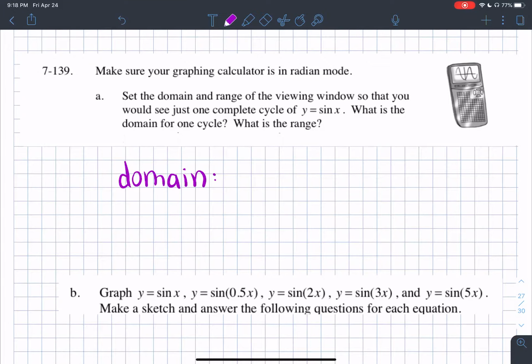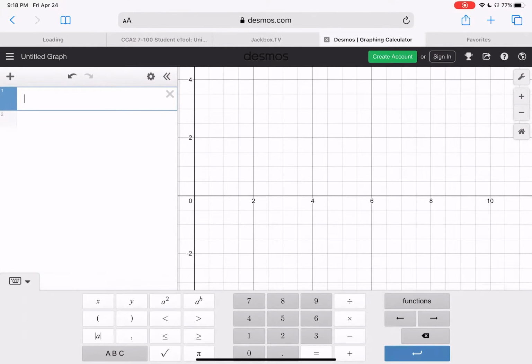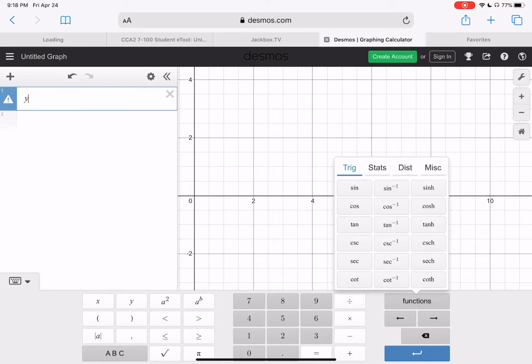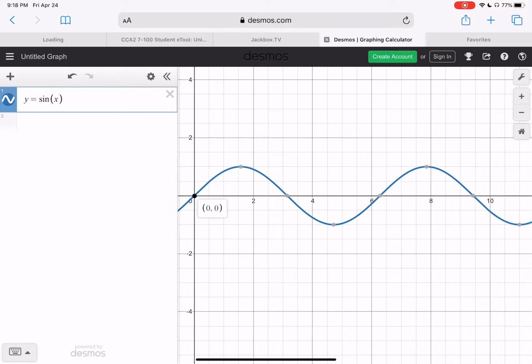Remember, when we're talking about domain, we're talking about the possible x values for one cycle. So let's go to our graph and type in y equals sine of x, and starting at 0 it goes up and then it goes down and meets us back here. That's one full cycle.